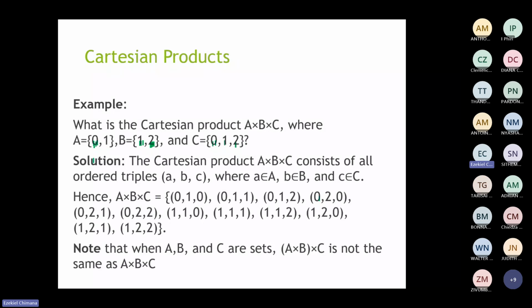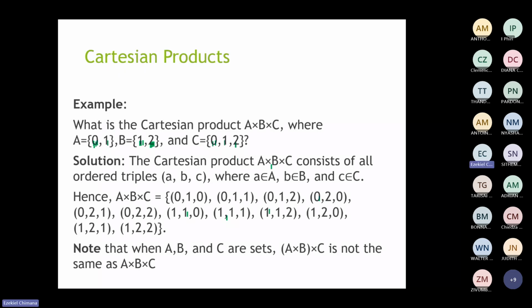So after that, we've actually matched this 0 with this one with everything here. Also 0 with this 2 with everything here. So you move to this 1. Match it with the 1 and everything here. Also match it with the 2 with everything here. So you just go for 1, 1, 0. That's why I've got this 1, 1, 0. After that, you go for a 1, 1, 1. Then you go for a 1, 1, 2.